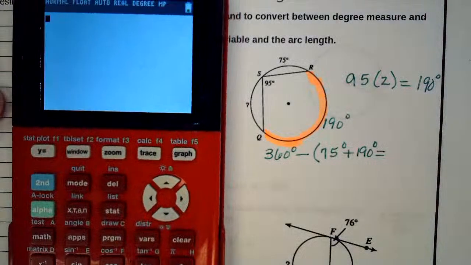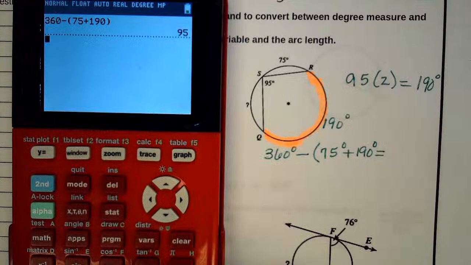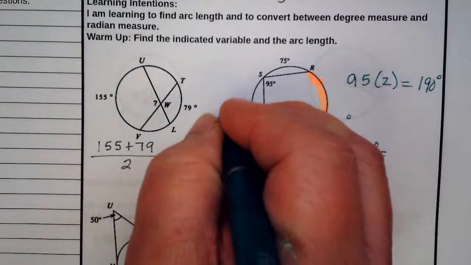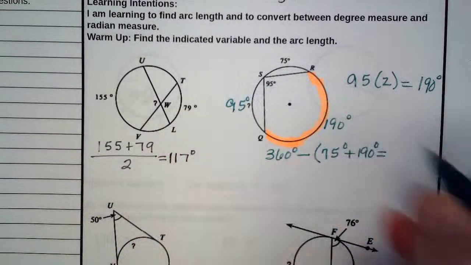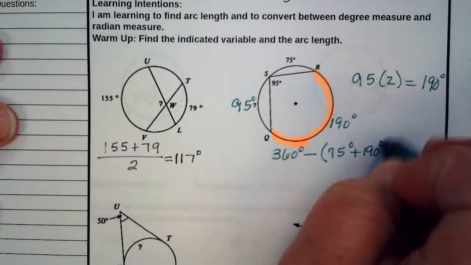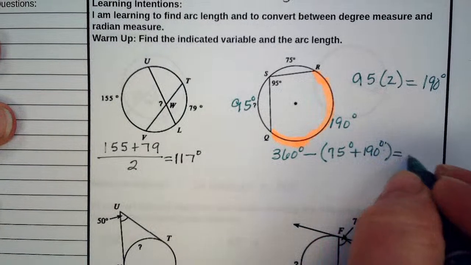Using my handy dandy calculator, 360 minus parenthesis 75 plus 190, close it off, and I get 95 degrees. Guess what? They were the same. One was 75 and one was 95. I need to erase this so I can put that other parenthesis that I left off.